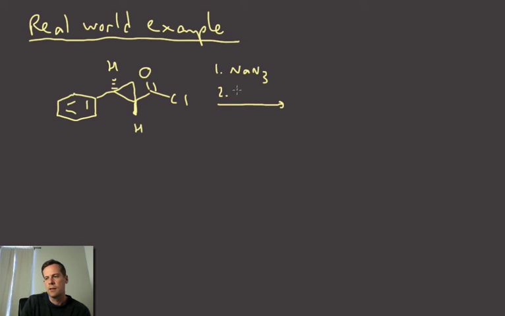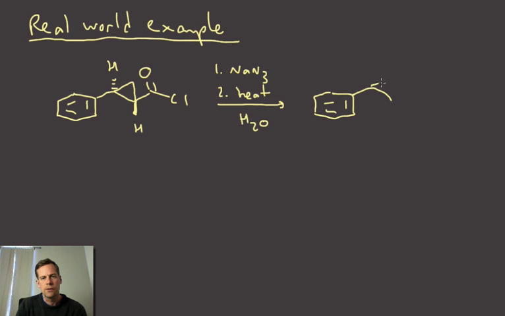And then in the second step, we're going to add heat, and we're going to do that with water around. And so that's going to affect the Curtius rearrangement. And so what we will get out here is, remove that carbonyl, and we will get to the amine there, right? So we just popped in the amine where that carboxyl group was.